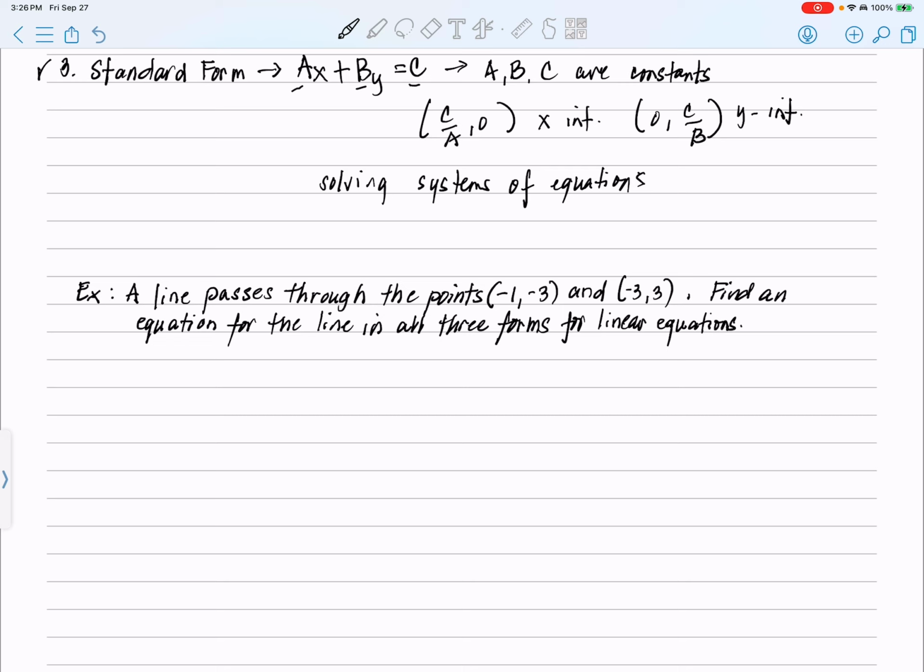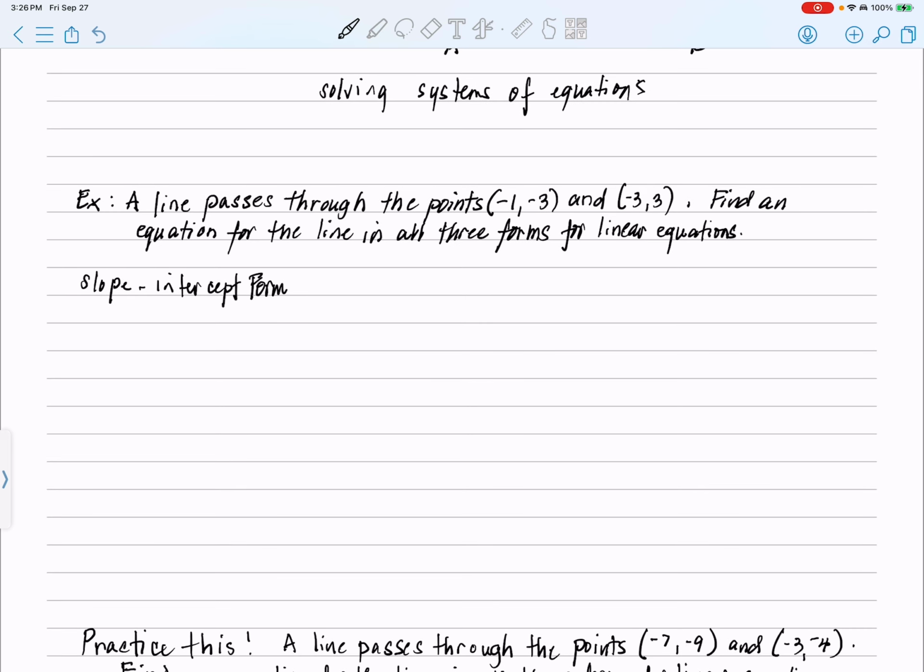All three forms, so we can summarize it here: the slope-intercept form is the first form, then the second, we have the point-slope form. Then we have the standard form.